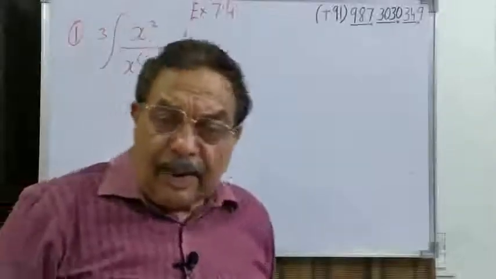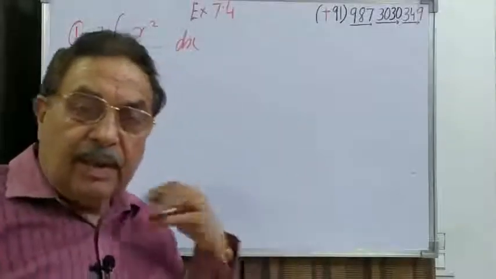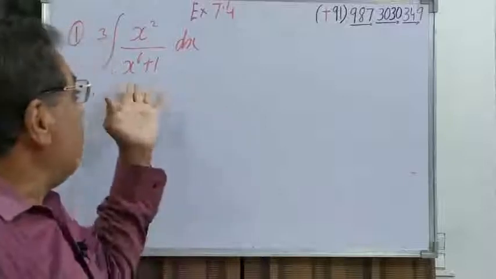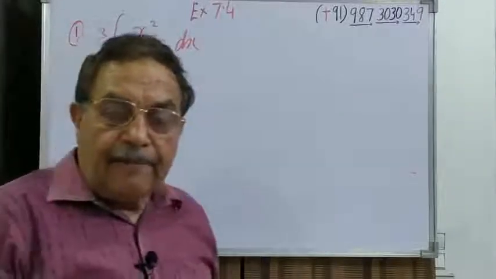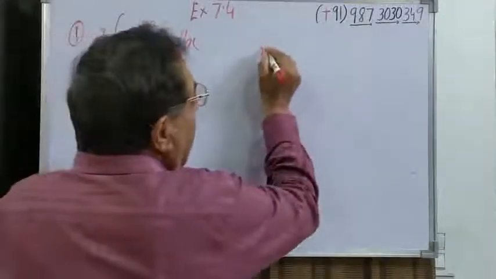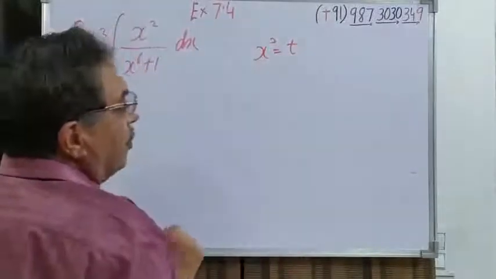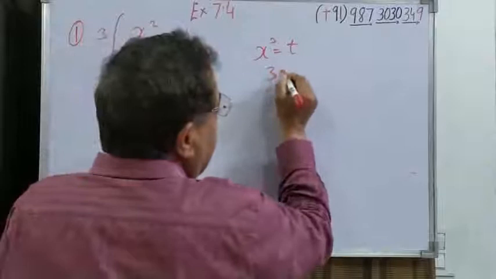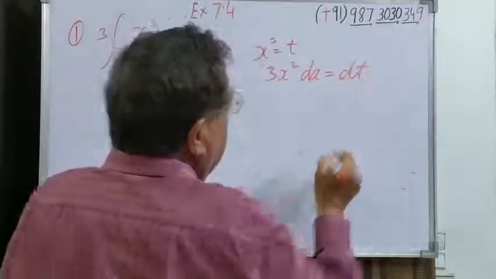We have done 6 formulae, and none of the formulae seems straightway analogous to this one, that we can apply directly. So I convert this question according to our formula. I take x cube equal to t. When I take x cube equal to t, that gives us 3x square dx equal to dt.